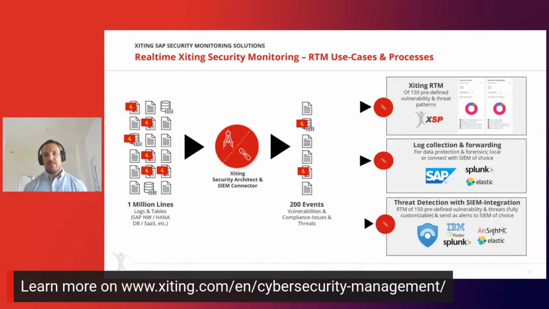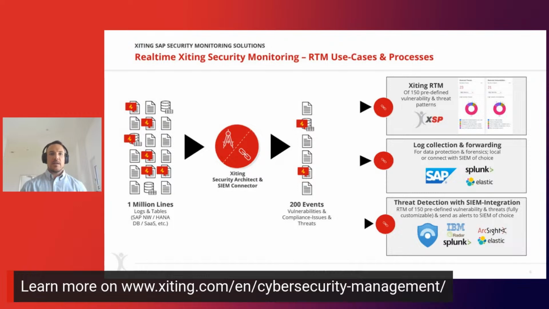So we have three main use cases. The first is of course real-time monitoring: threat detection, vulnerability monitoring, and compliance monitoring. You can run those via our full solution, which runs on the BTP and is called Xiting Security Platform.